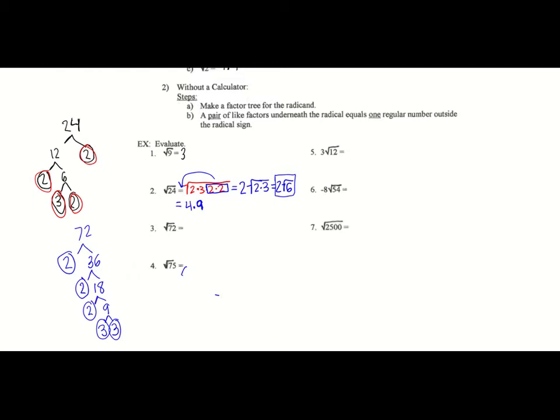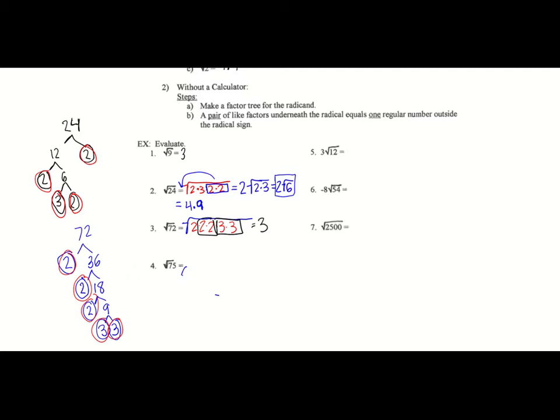I can rewrite my square root. 72 is equal to 2 times 2 times 2 times 3 times 3. So I can write all those under here. 2 times 2 times 2 times 3 times 3. Okay, so then wherever I have a pair, I can bring one of those outside of my square root. So I have a pair of 3's, so I can bring my 3 outside.